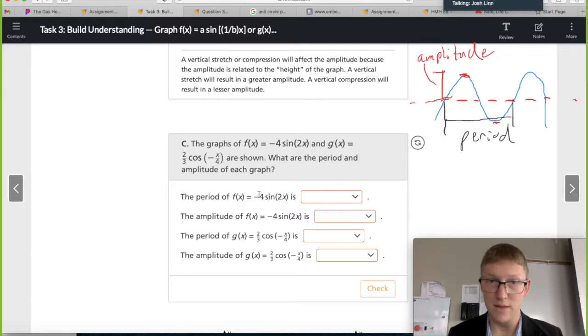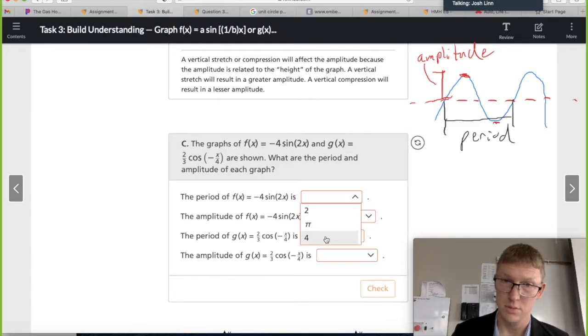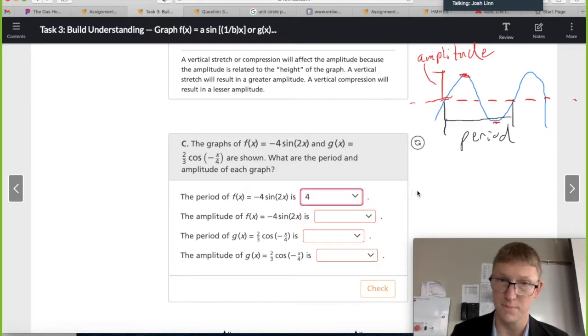But then we've got this -4 on the outside. So that is going to change the amplitude. So I'm going to say 4 for that one.